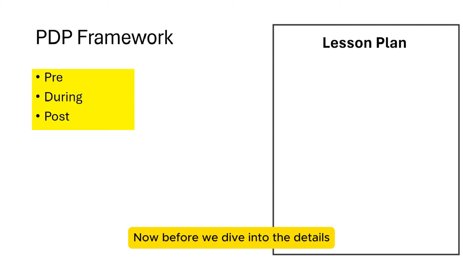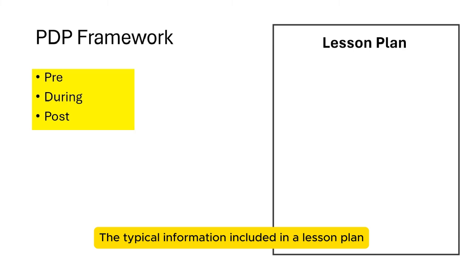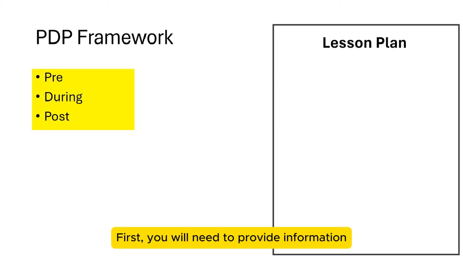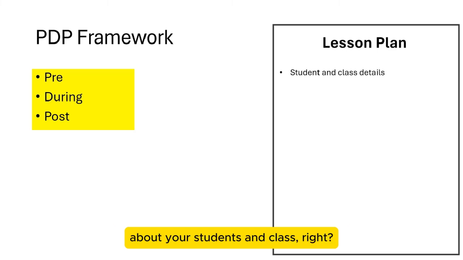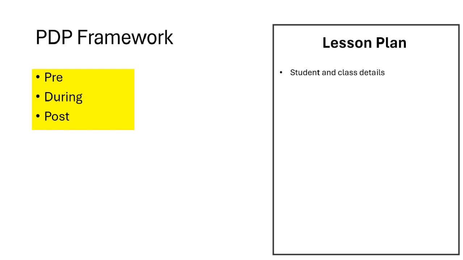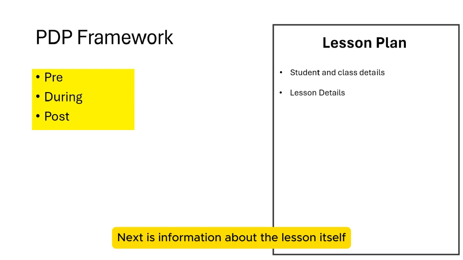Now, before we dive into the details, let's first look at how this framework fits into a full hour lesson plan. Let's go over the typical information included in a lesson plan using the PDP framework. First, you will need to provide information about your students and class, right? The grade level, number of students, their proficiency levels, and other relevant details. Next is information about the lesson itself.